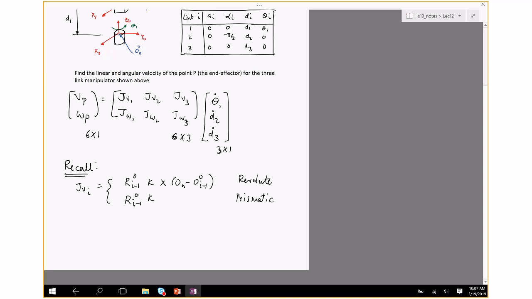Similarly, for J omega, we have Ri minus 1 with respect to O, K, and 0. The first one is for revolute, the second is for prismatic. When I say 0, it really means it's a vector, 1 by 3, so you write 3 zeros in a row format.